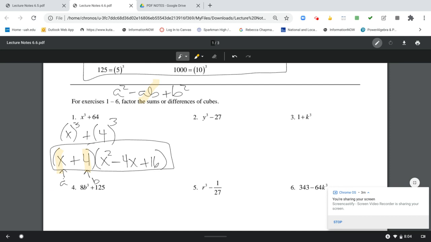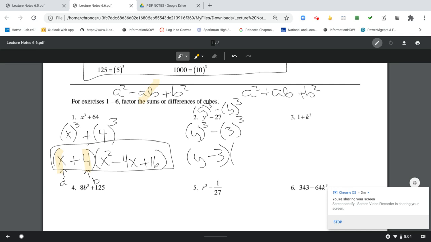Okay, now in the second scenario, I'm going to break it up into my cubes. 27 is the same as 3 to the third, so I now have my a cubed minus my b cubed. Now the formula is a little bit different, so y minus 3, that's always going to be your binomial. But this time the trinomial is a squared plus ab plus b squared.